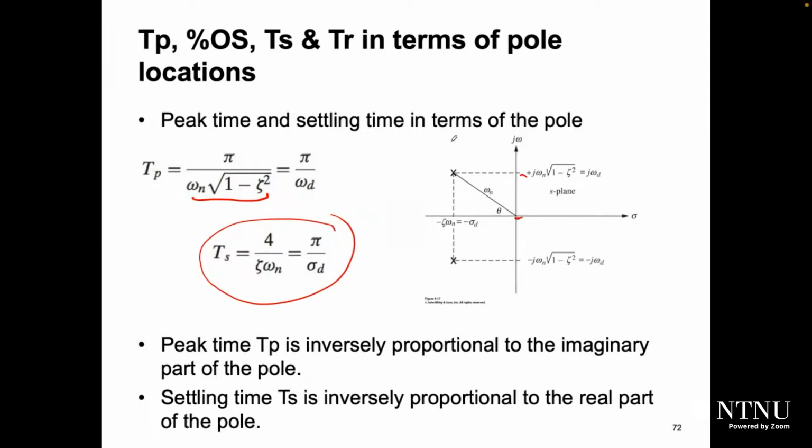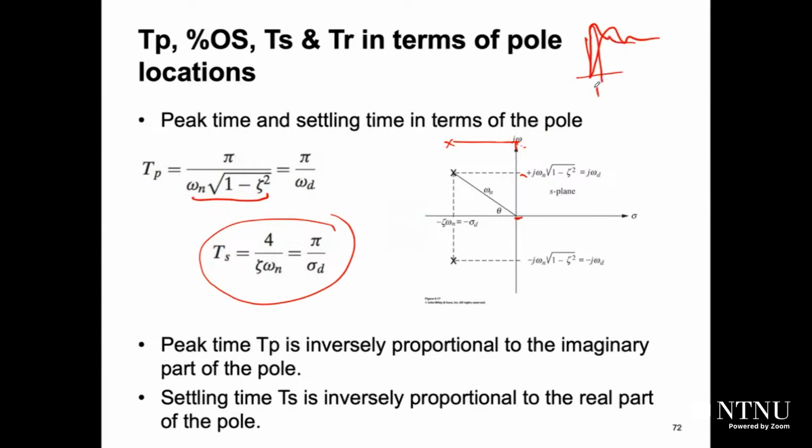So if I compare it with a system here, for example, which one will have the bigger peak time? We divide pi by this omega d. Omega d will be larger, so in this case the peak time will be shorter, and the system will be faster. So you have a system with a peak like this and a system with a peak like this.